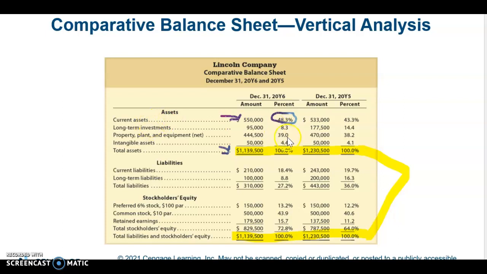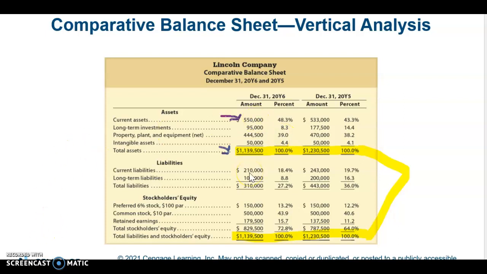So you can see that current assets and property, plant, and equipment are bigger percents, and so they make up a majority of our total assets. 48 and 39%. So they do need equipment in this business a good bit. Some businesses or companies won't have as much of this, depending on what kind of business it is.